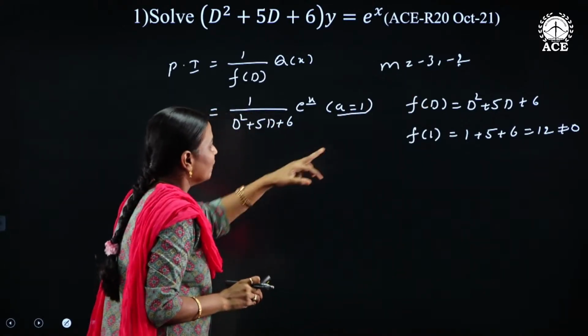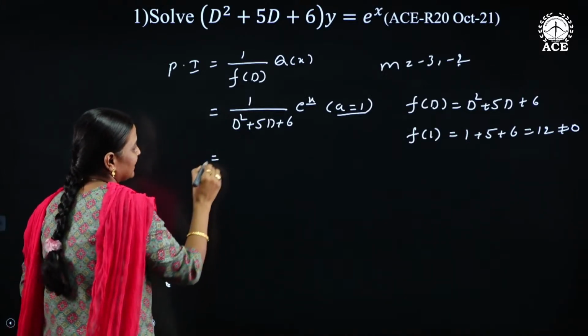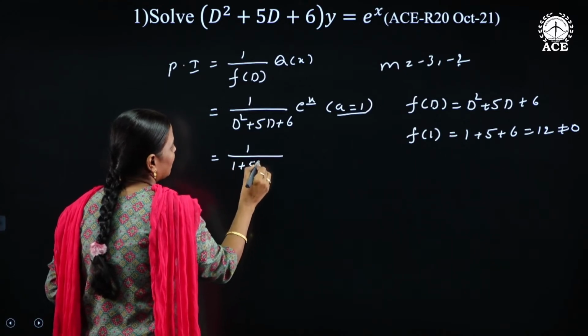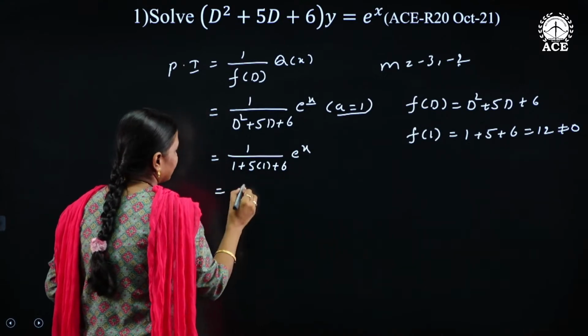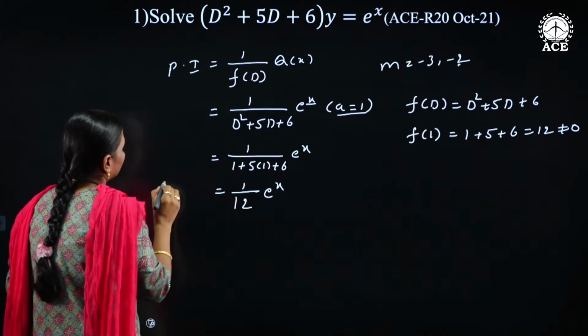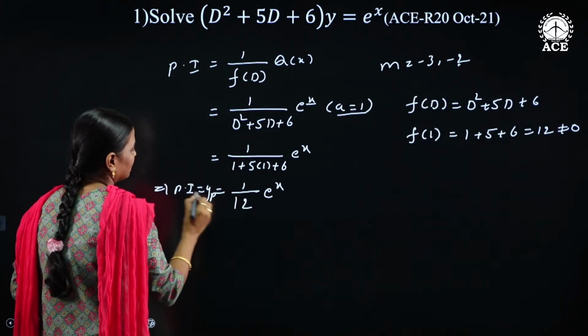So now when f of a is not equal to 0, what is the particular integral? Just replace D by 1. So that is 1 by (1 plus 5 into 1 plus 6) into e power x, which is equal to 1 by 12 into e power x. So this is the particular integral yp.